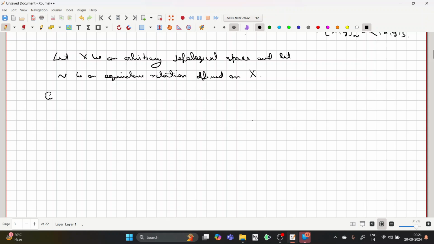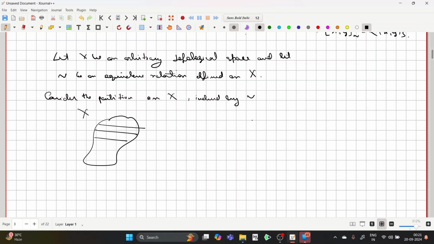Okay, so consider the partitions on X induced by this relation. Suppose this was X, so I have got these sorts of partitions on X induced by this equivalence relation, and I am trying to identify each such subset of this partition by a single point, say y1.